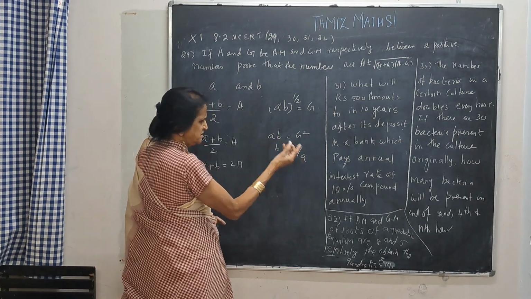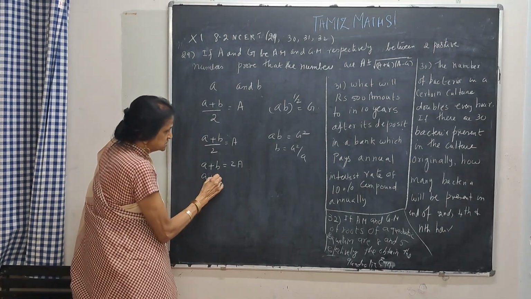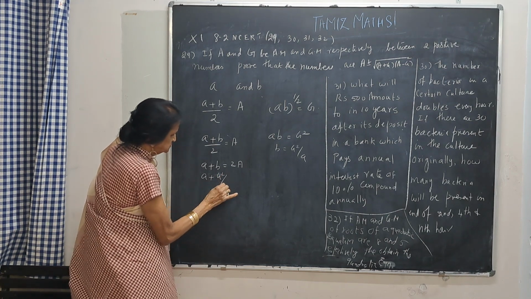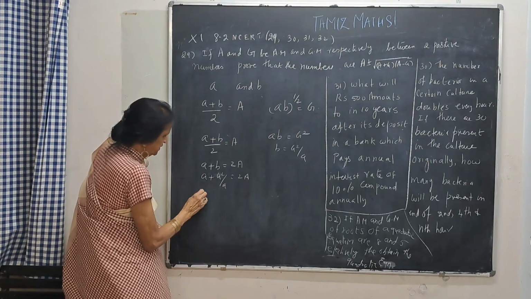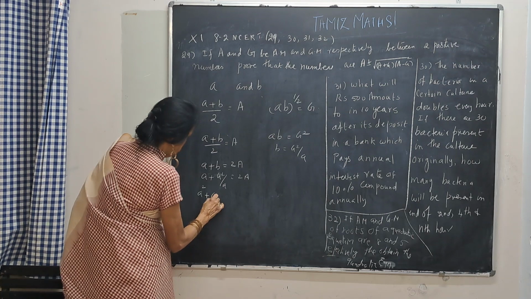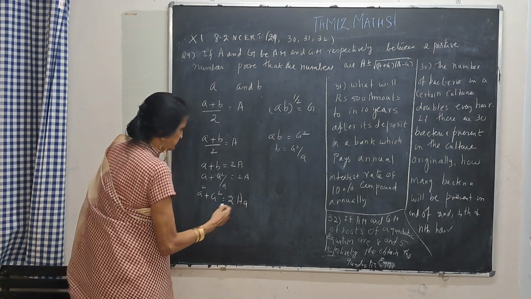Or you can have a is G squared by b. Anything is fine. So a plus G squared by a is equal to 2A. Multiply by a throughout, a squared plus G squared is equal to 2A into a.